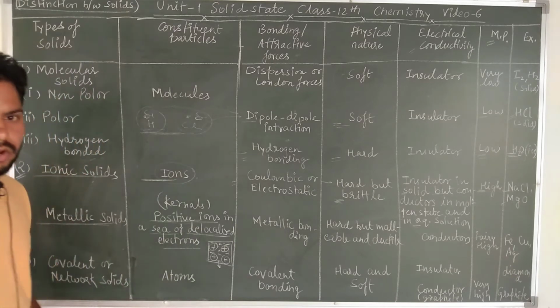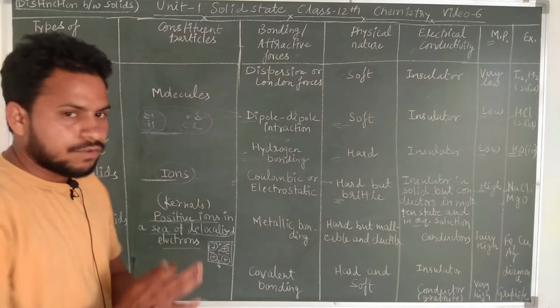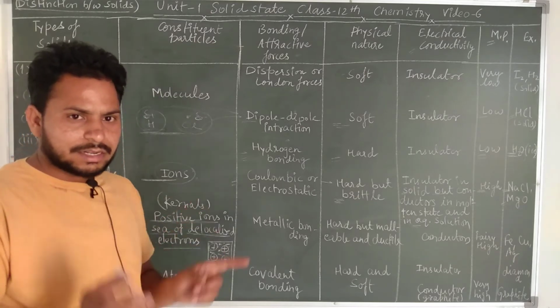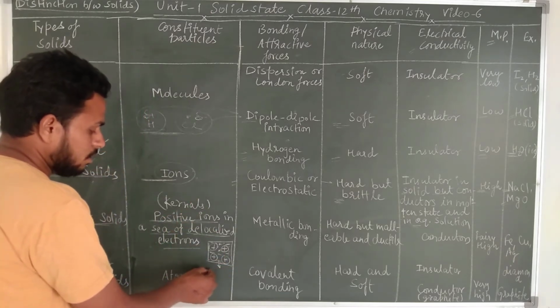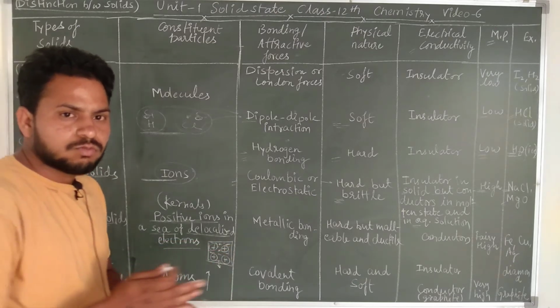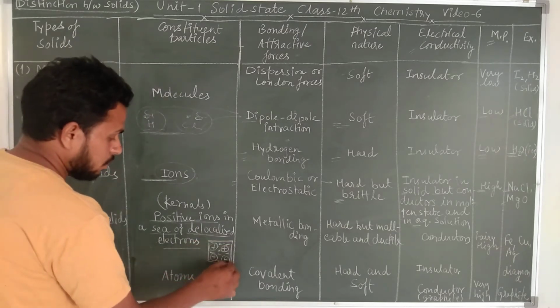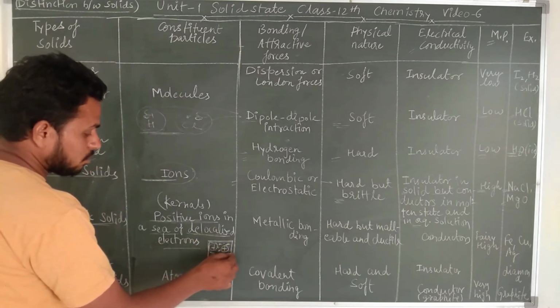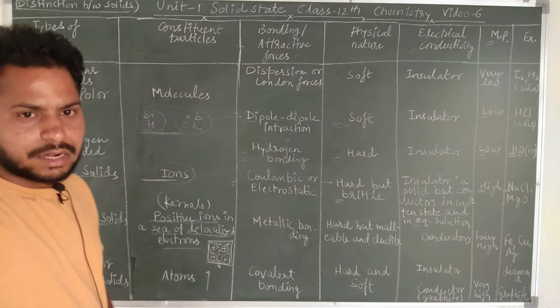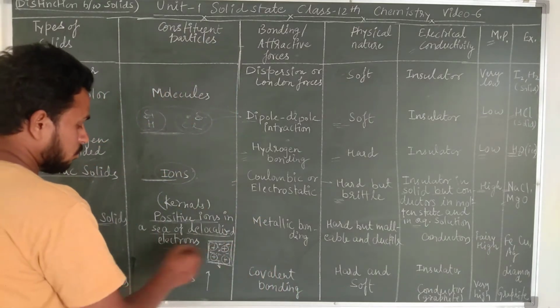Delocalized means no specific direction of electrons. If we join a circuit and pass current, these electrons move in a specific direction. If we do not connect to any circuit, these are the delocalized electrons.